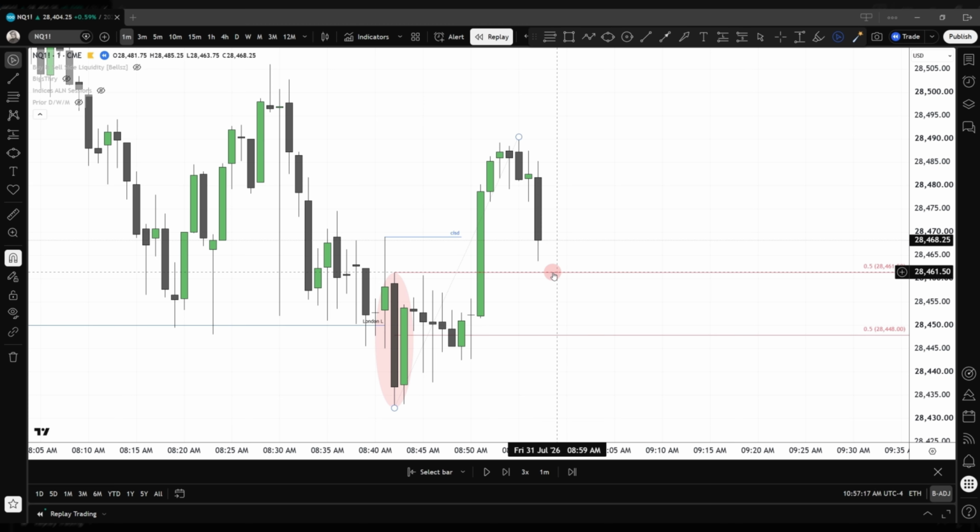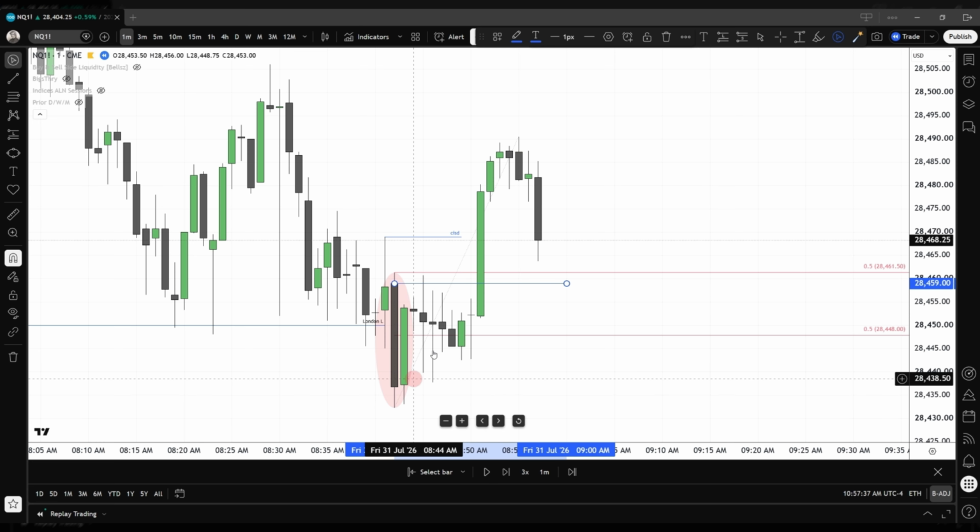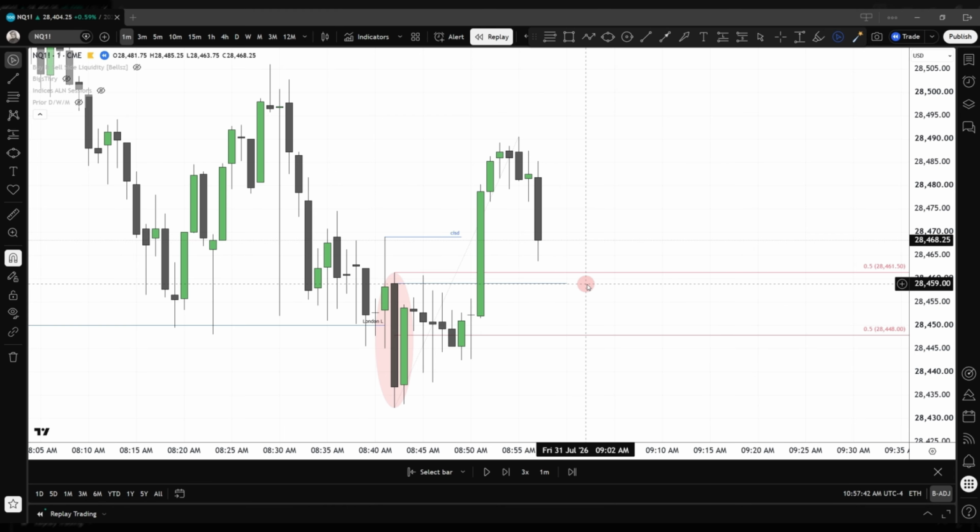So I'm looking for somewhere that is in discount or at the discount premium line to take a long. And I saw that the open of that down close at 459 was in discount of this range. So that is where I decided to have my first long position.